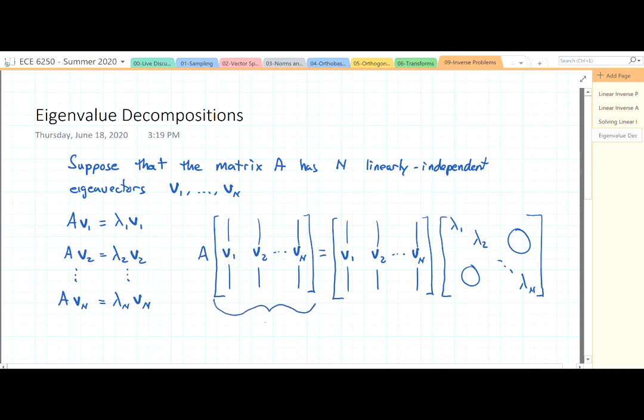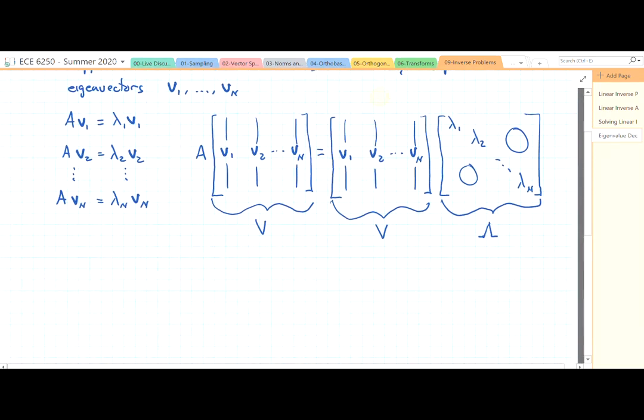So this matrix here we'll call V, and for this matrix we'll use a capital lambda, giving us the matrix equation AV is equal to V lambda.